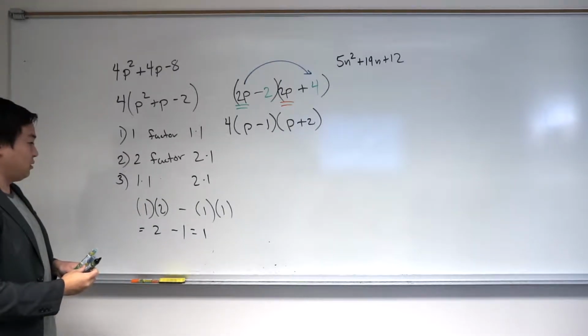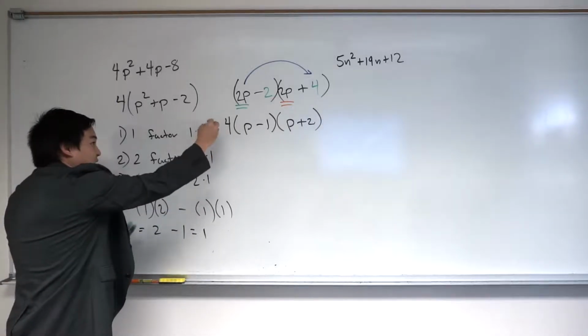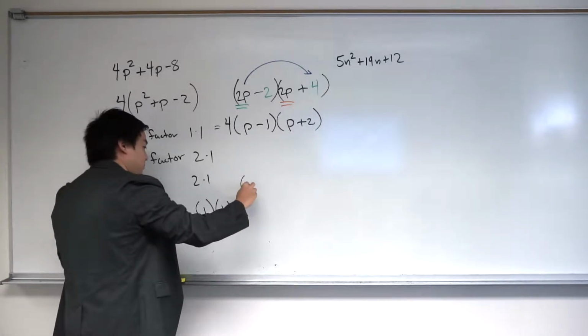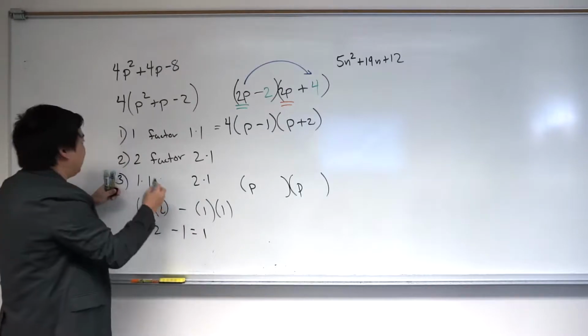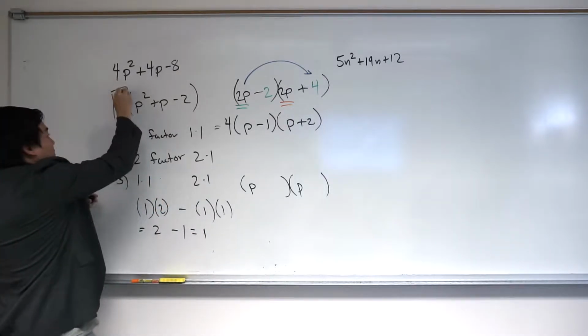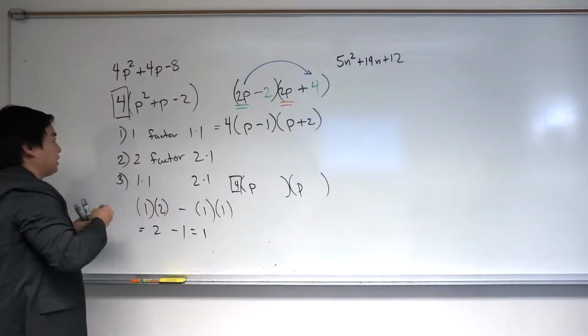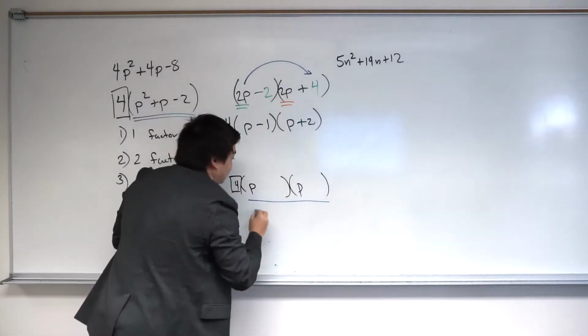Maybe I should write it the other way. So let's do this one, and we'll show that it's actually the same as this one over here. So the 1 goes in the front. And don't forget the factor of 4, okay? So this factor of 4 has to go into the front here, because this p squared plus p minus 2 is going to be this factor.